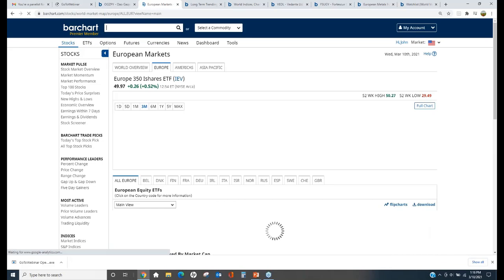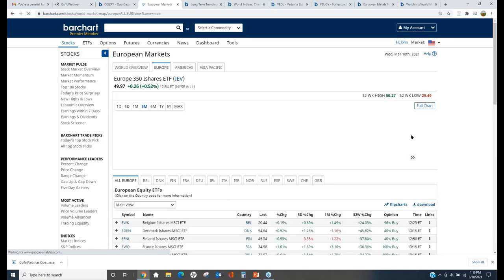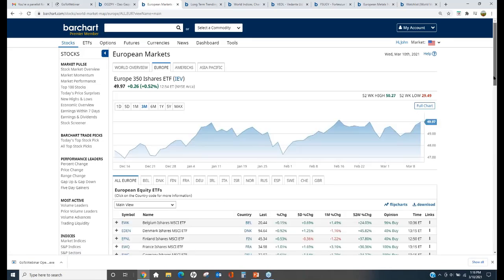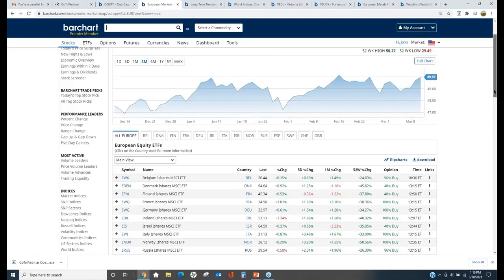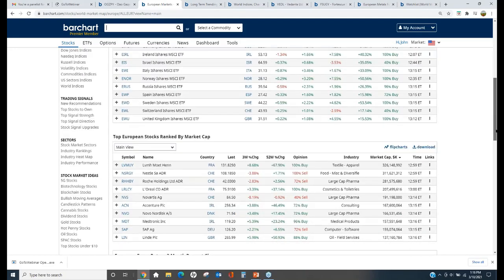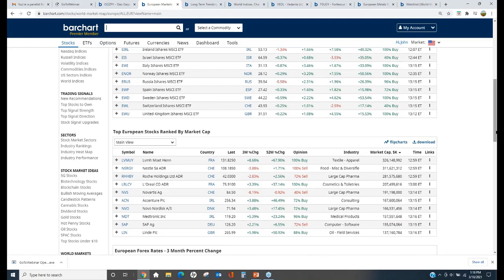Now, again, we went inside of our region. We looked at Russia, but also notice that if we go a little bit farther down, we do see that we have some stocks, and these again are ranked by market cap. These are our larger market cap stocks, and you recognize a lot of these names: Nestle, Novartis, and SAP, for instance.